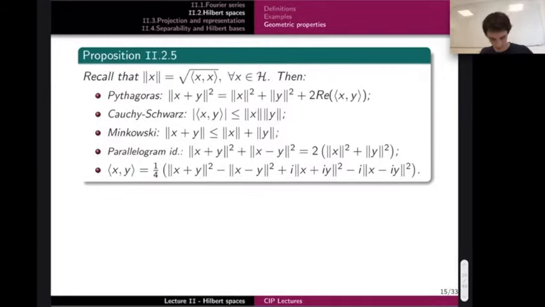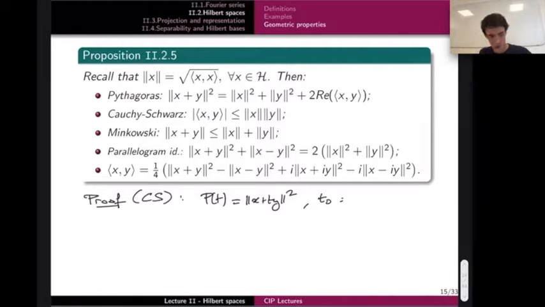So, proof of Cauchy-Schwarz. This goes as follows. It's quite simple, but it's tricky. Let's say I define P of t, which is the norm of x plus ty squared, and I will also define t0, which is minus the inner product of x and y divided by the norm of y squared.